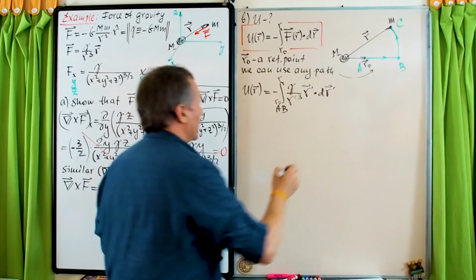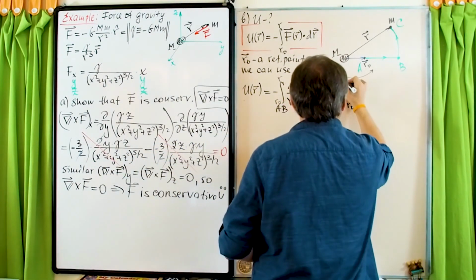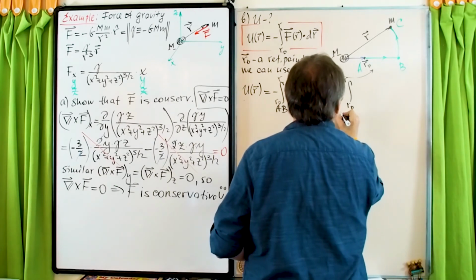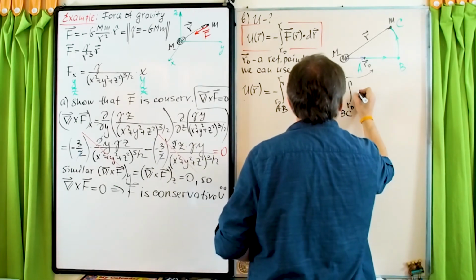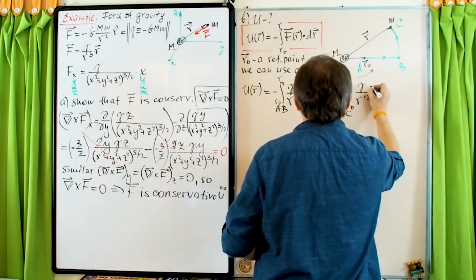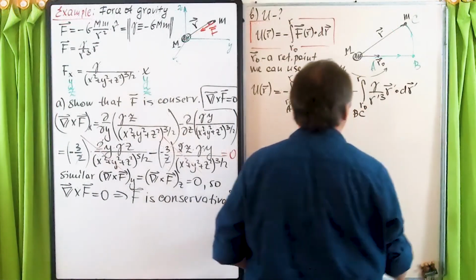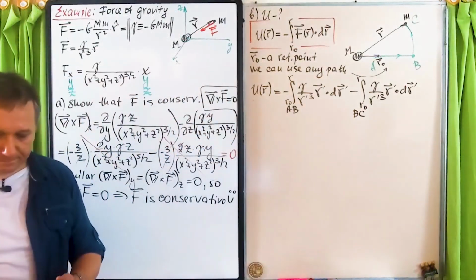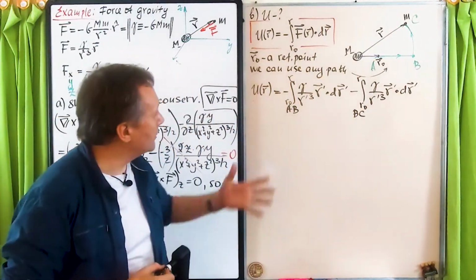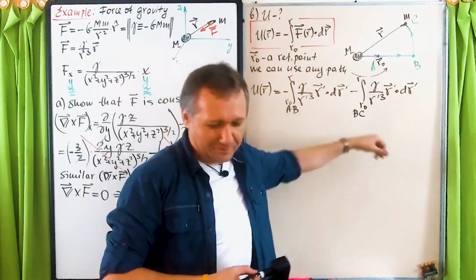And the same for the second path, from r0 to r, and this time from B to C. Again, gamma over r prime to the power of 3, r prime dotted with dr prime. And so now let's look at AB. Let's start with BC.